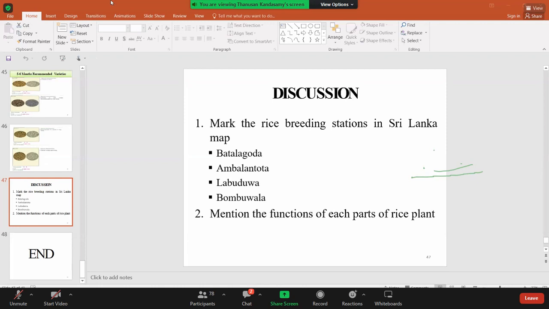When is your agronomy exam? September 5th it started, no? So for agronomy, when? You don't know the timetable? It's nearly around the 10th, 12th, like that agronomy will be there.